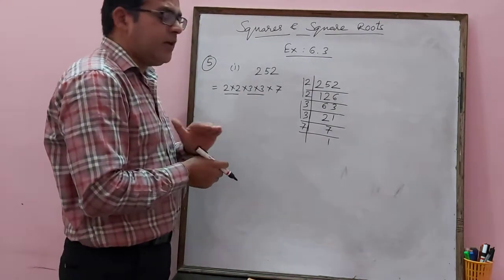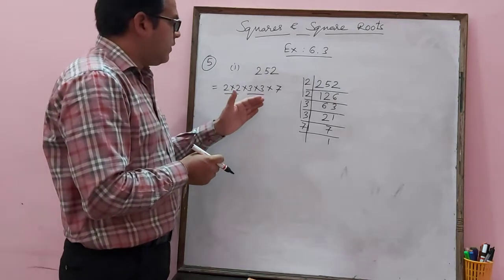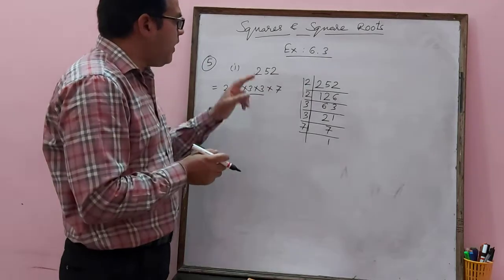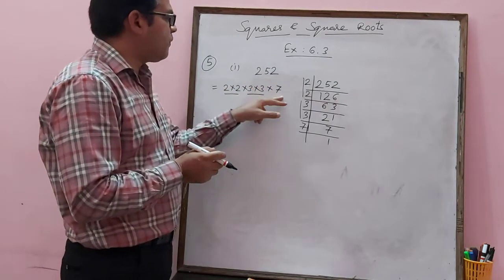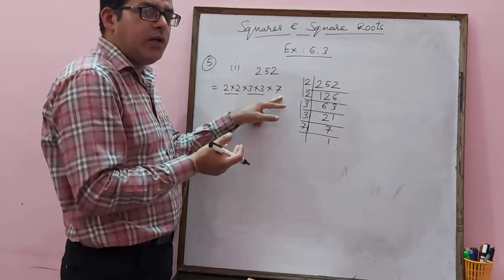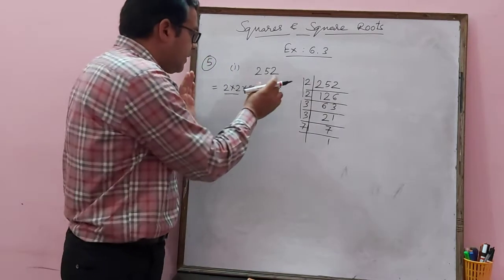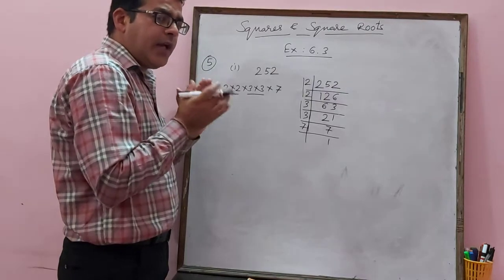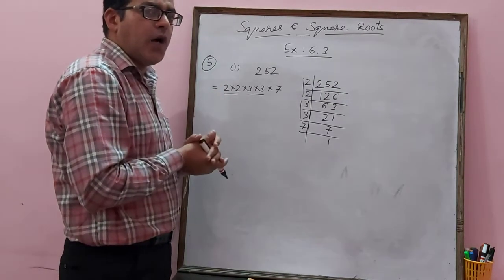This 7 does not have a pair. It means if we multiply by 7, we can write this 7 as a pair, and we can easily find the square root of the number.